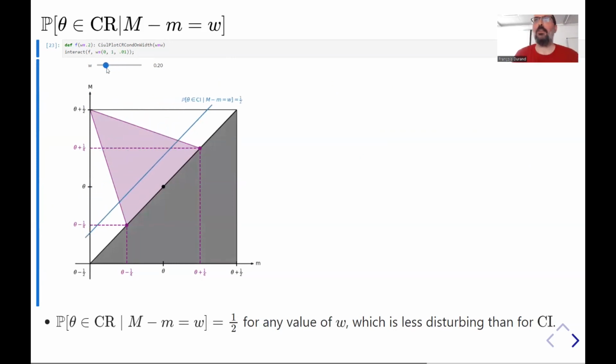So you can really say that the probability that theta is in the credible region is equal to 1/2. Yes? For me, this is something I was expecting for a confidence interval. A confidence interval should not depend too much on the data. But that's not in the job description of the confidence interval. This is what I would have expected. Yeah, but that's precisely the reason for my thought.